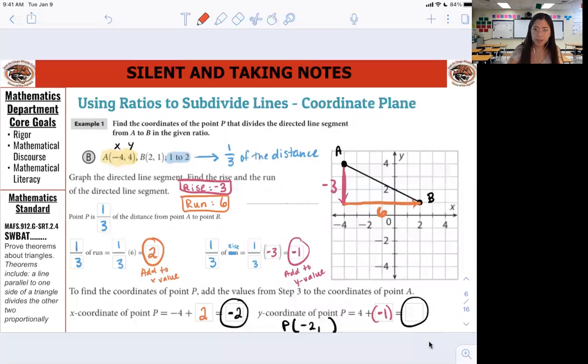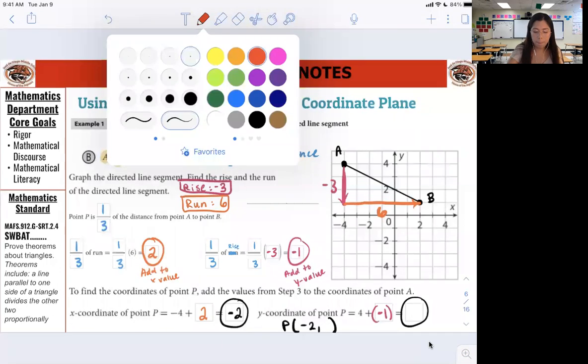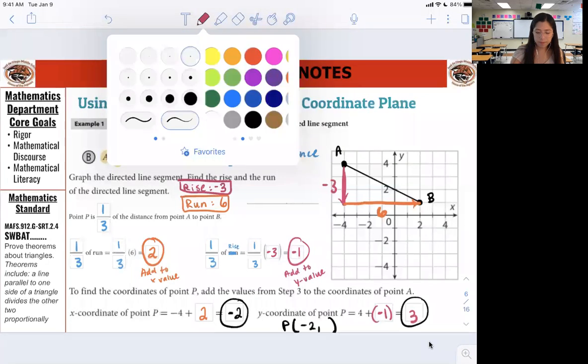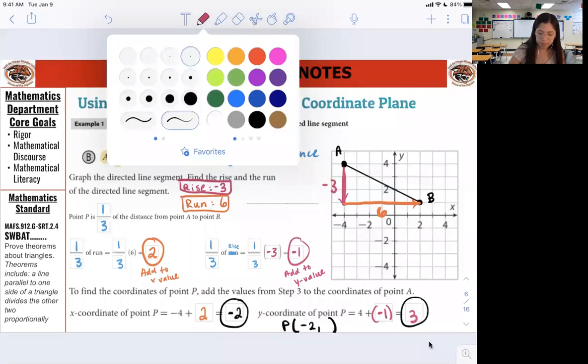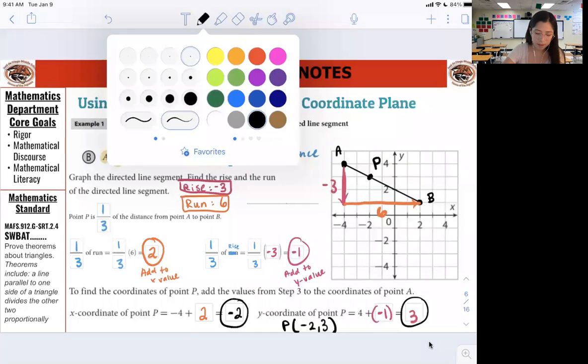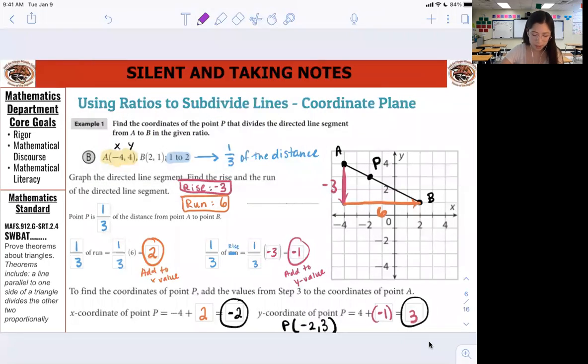That's 3. So the coordinates of my new point, point P, are -2, comma 3. So here we go, -2, comma 1, 2, 3. There's point P.